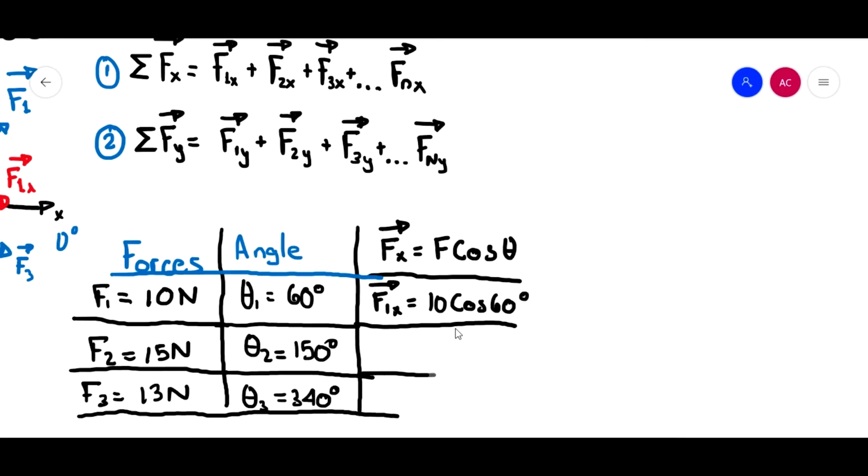Next, F2x, the rectangular component of x of the second vector, is the magnitude, that is 15 newtons, times the cosine of 150. And for vector number 3, the rectangular component is the magnitude 13 times the cosine of 340.